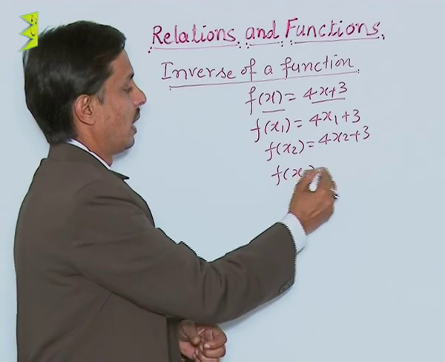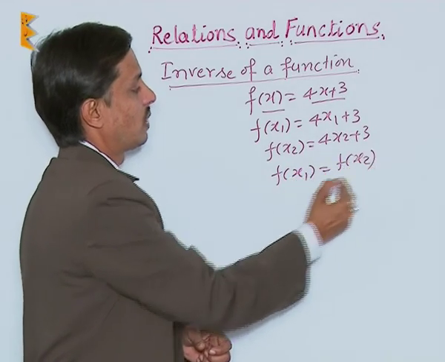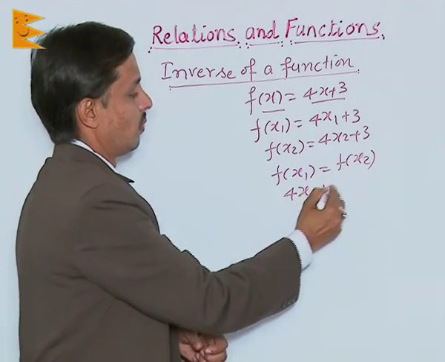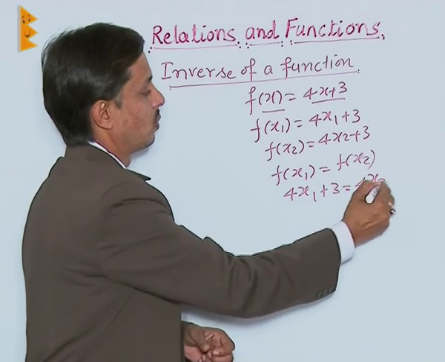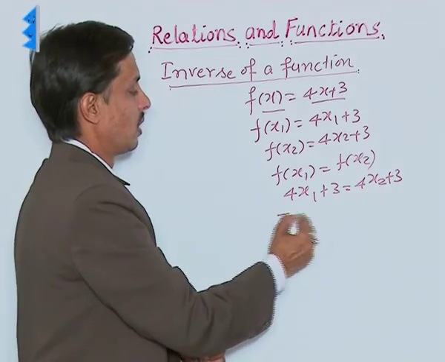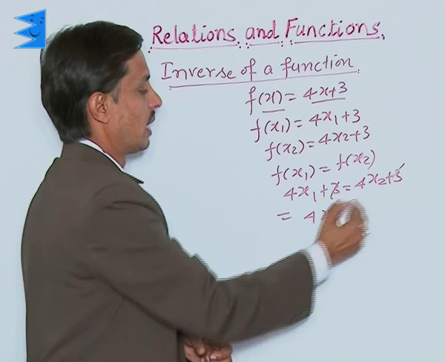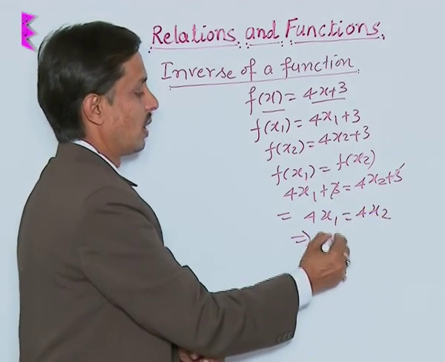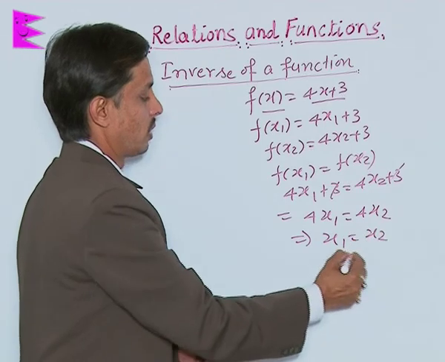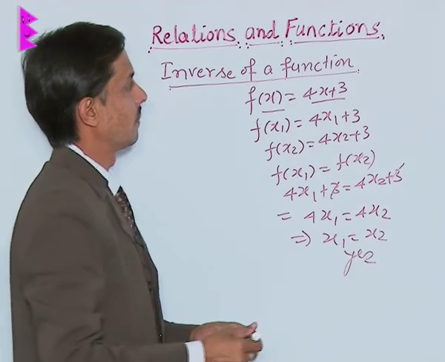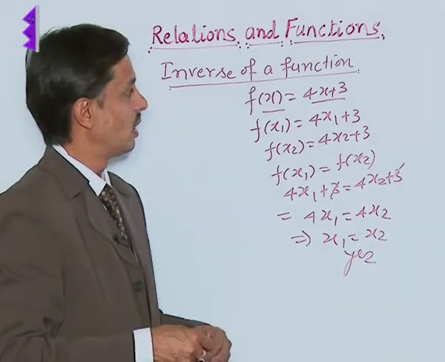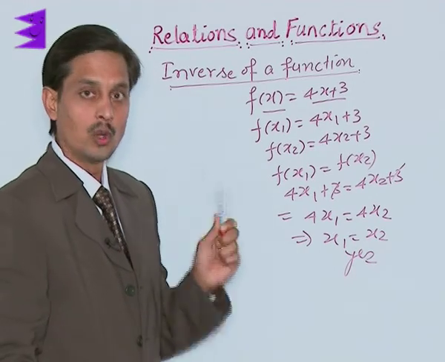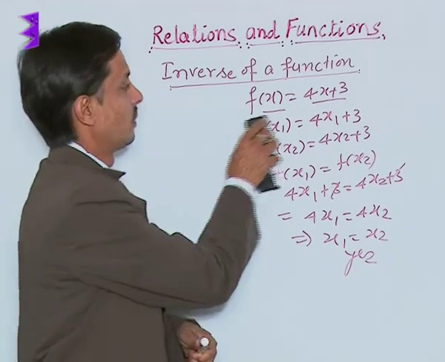We will take f(x1) = f(x2), so 4x1 + 3 = 4x2 + 3, which implies 3 cancelled, 4x1 = 4x2, or we can say x1 = x2. So we will say yes, this function is 1-1, or you can say this function is injection.